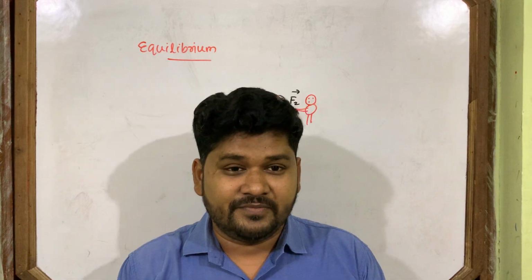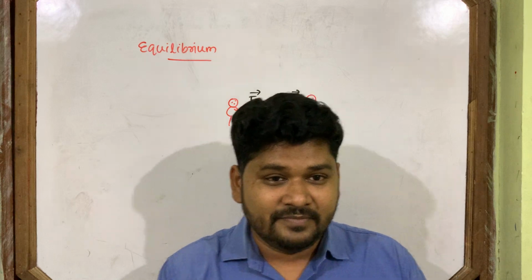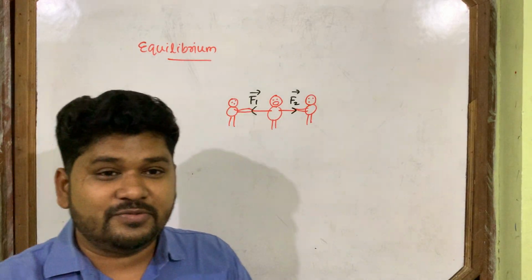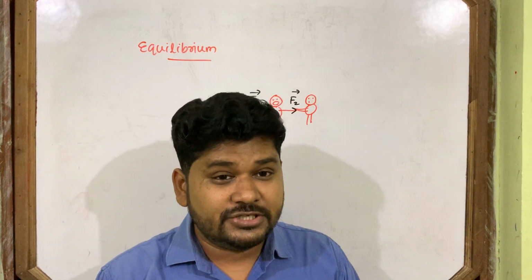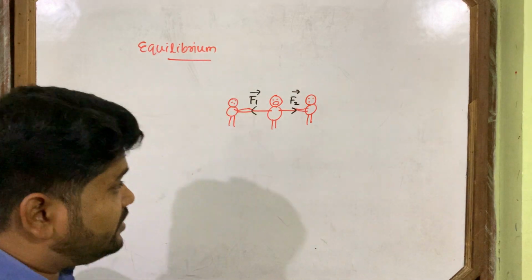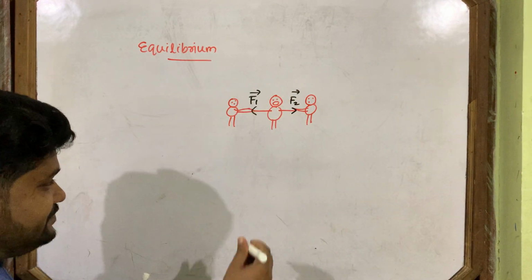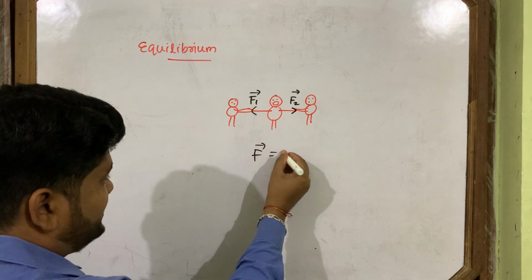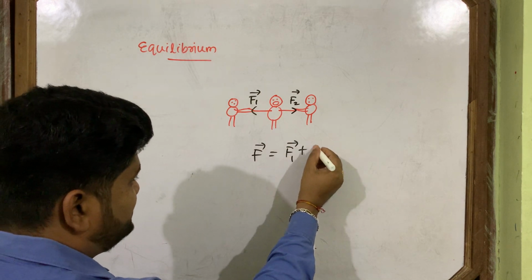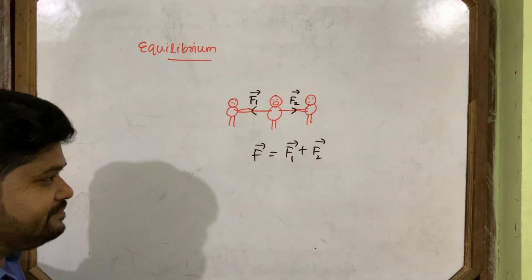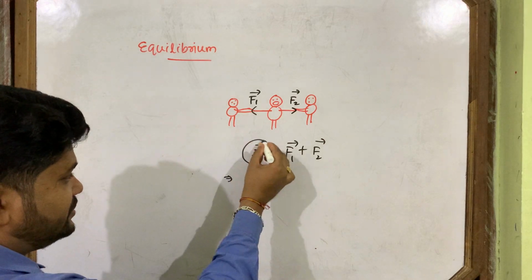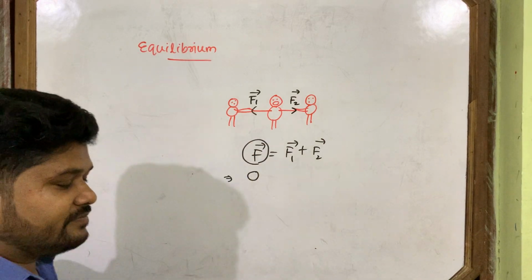How is it possible? You are at rest, which means the net force on you is equal to 0. But if we do the vector sum of these forces, F vector equals F1 vector plus F2 vector. But the net force on you is equal to 0.